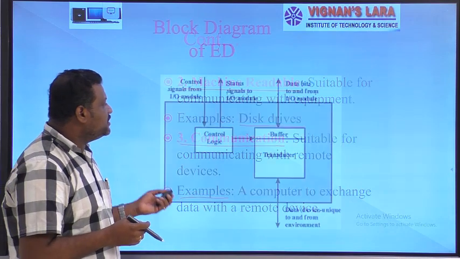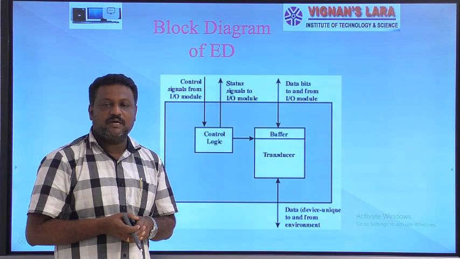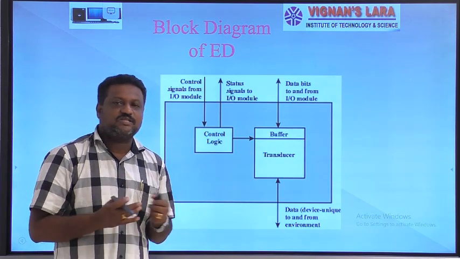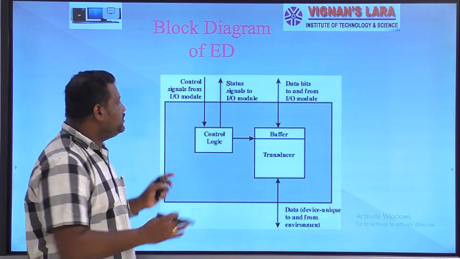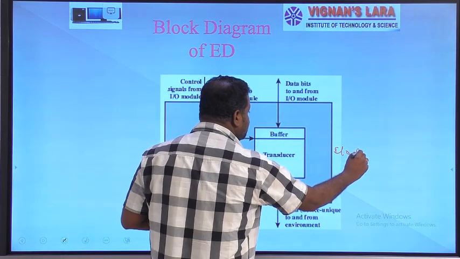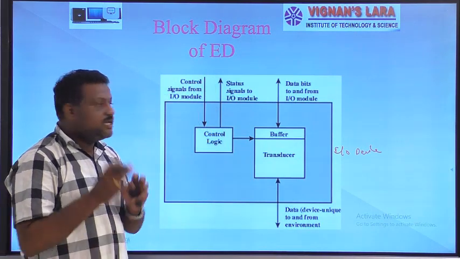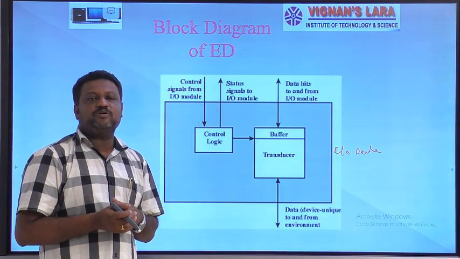Next we can go and see the structure of an I/O device, or an external device, or a peripheral. Assume this whole thing is your I/O device. Your I/O device consists of three important blocks.